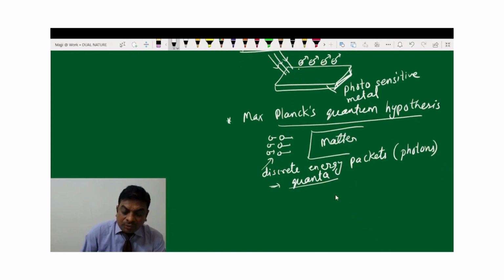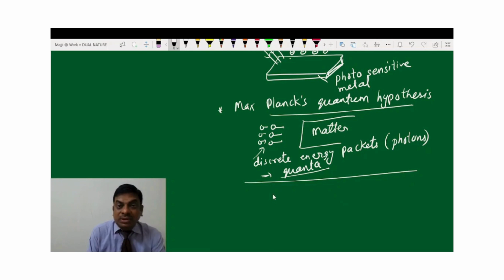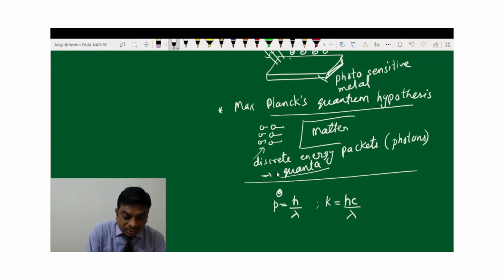We can treat them as particles, because they have momentum as well as energy. Momentum carried will be h by lambda, and energy will be h c by lambda, or h into nu, where nu is the frequency. I should not say kinetic energy, I should say energy.